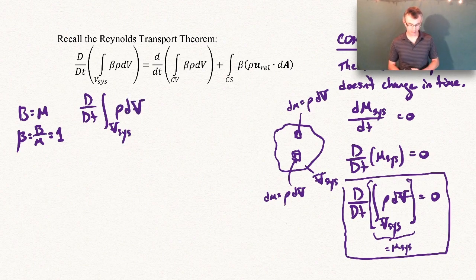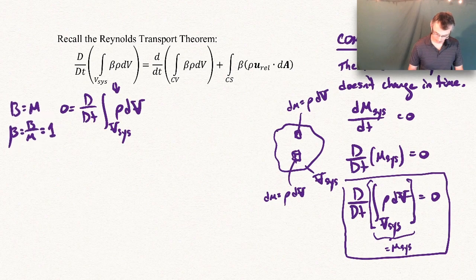You can see that the left-hand side of the Reynolds transport theorem looks exactly like the left-hand side of what we wrote for conservation of mass, and that's equal to 0 from conservation of mass. So let's put on the left-hand side of this equation that the D/Dt is equal to 0.